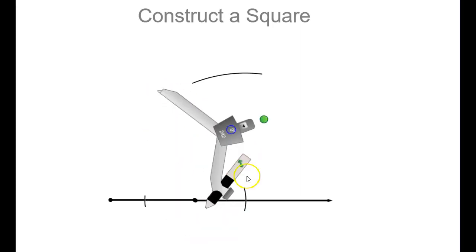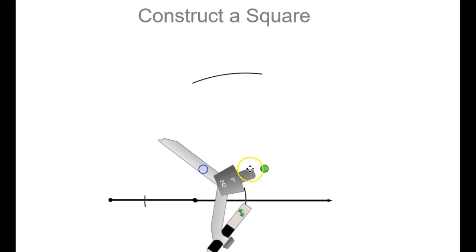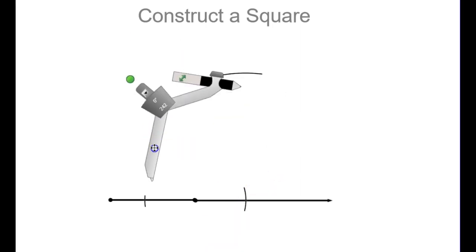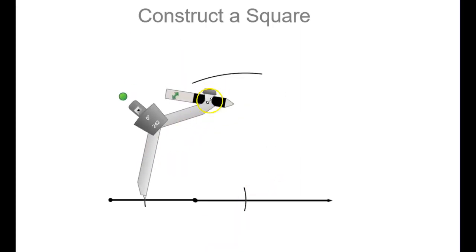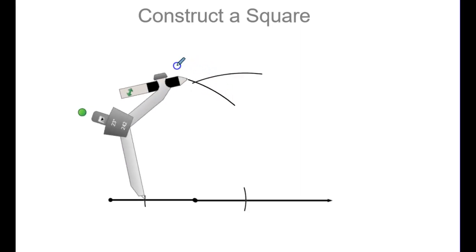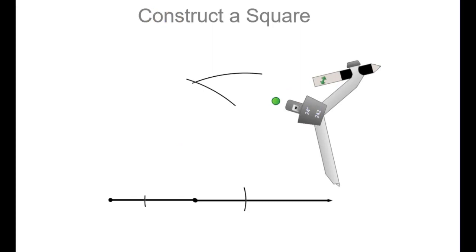If we move the compass over to this other intersection, draw the arc, we can see where that intersection occurs. Now we need to connect our original endpoint to that intersection. Draw a straight line through there.